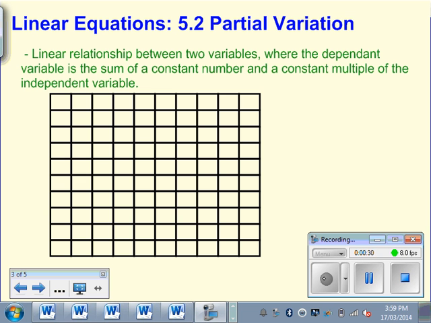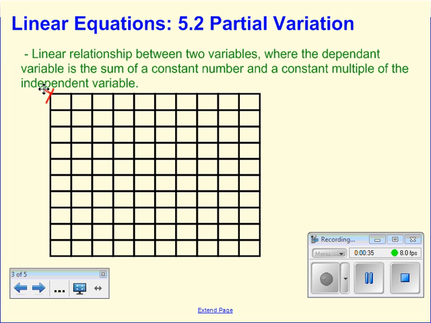So the y-axis is the axis that goes up and down. So right here, that's my y-axis. Going this way, horizontally, is my x. So let's say we have some sort of situation where we have some fixed cost or fixed number to start with, like a taxi cab.